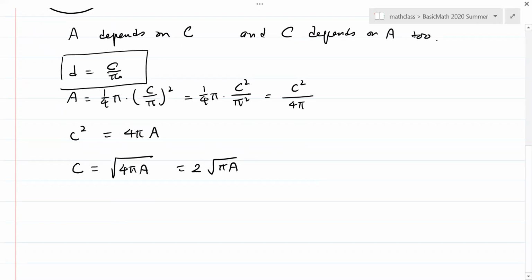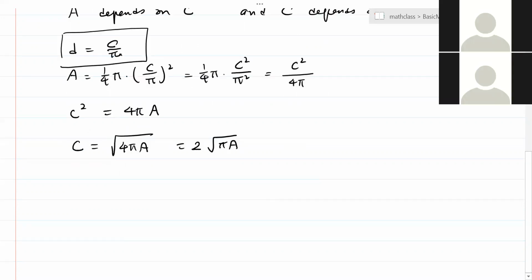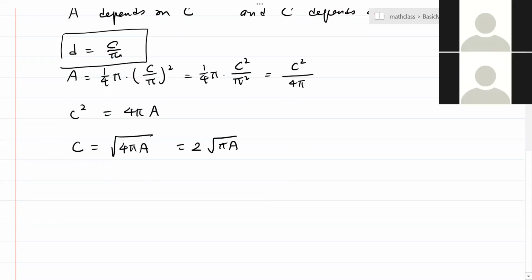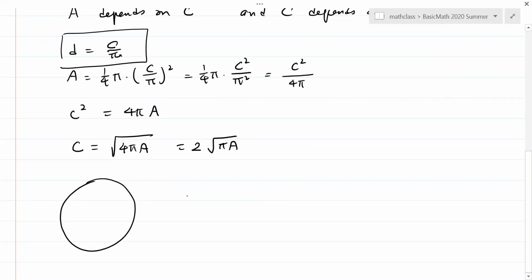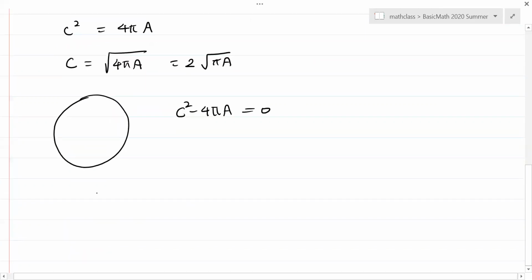So if we have a circle, C squared minus 4 pi A is always equal to 0. But for an arbitrary closed curve with circumference C and area A, do we have this equality?